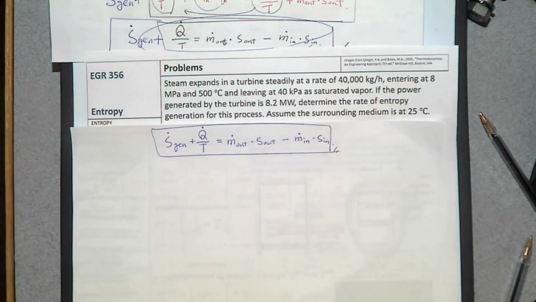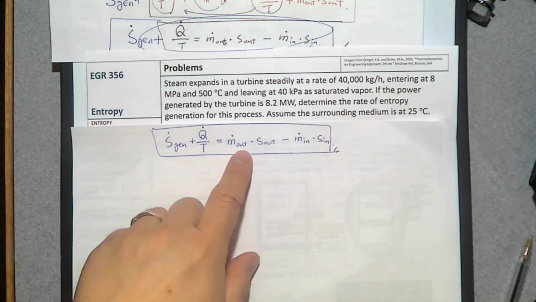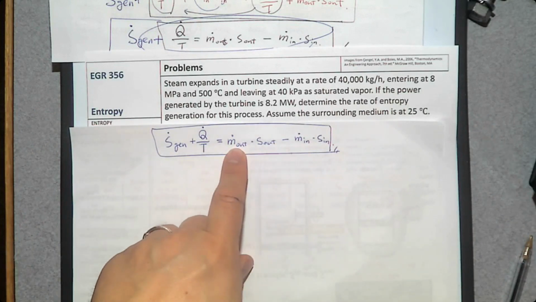So this is the governing entropy balance equation. Steam expands in a turbine steadily at a rate of 40,000 kilograms per hour. So we have one inlet and one exit. If we have one inlet and one exit, the mass flow rate, m dot at the inlet, should be the same as m dot at the exit.